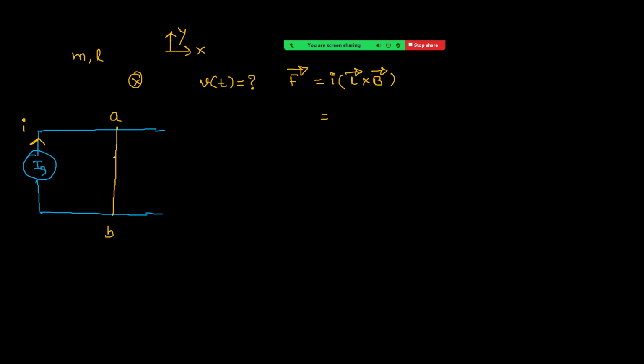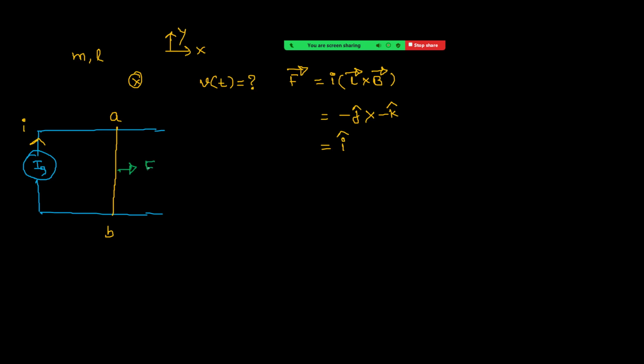Current is A to B, which is along the negative y-axis. So minus J cap. Coming to B bar, B bar is into the board, that is minus K cap. So minus J cap cross minus K cap. Minus into minus is plus. Remaining is J cap cross K cap, that is I cap. That means the force acting on that mobile wire is to the right side, right?